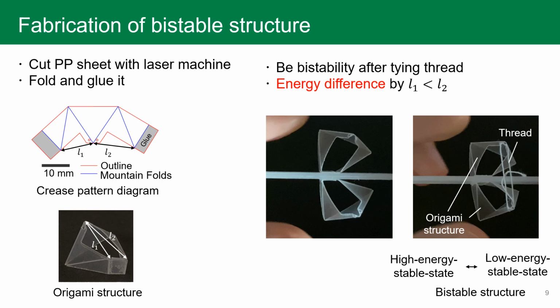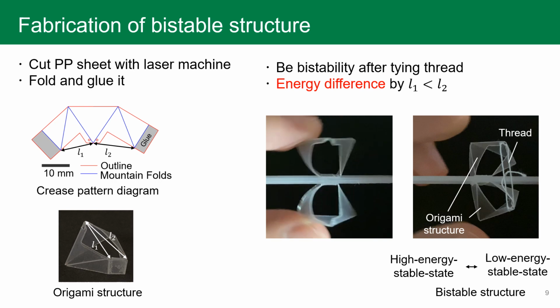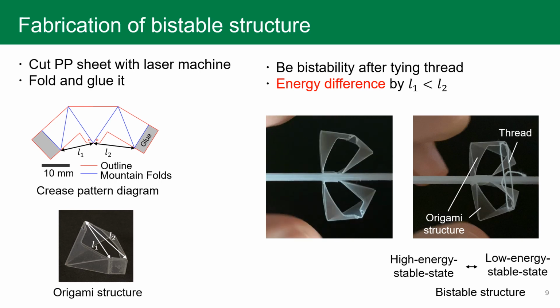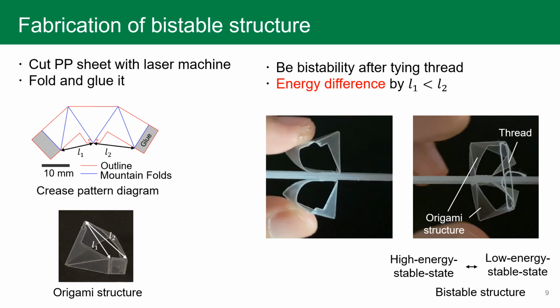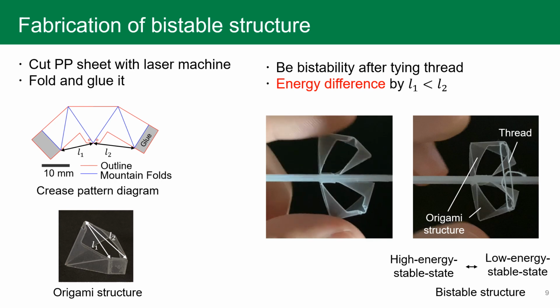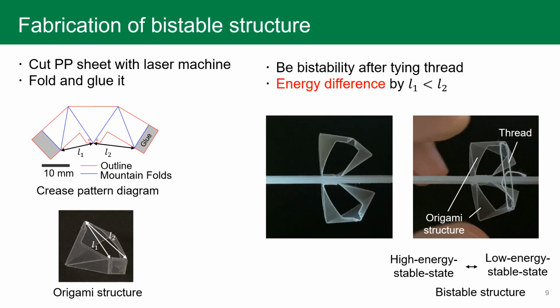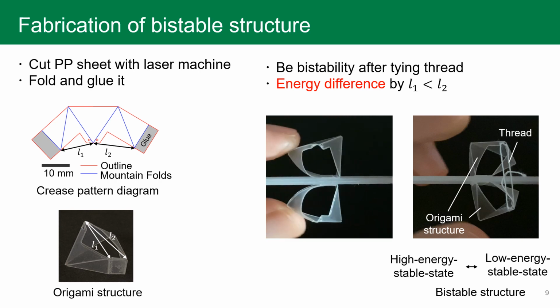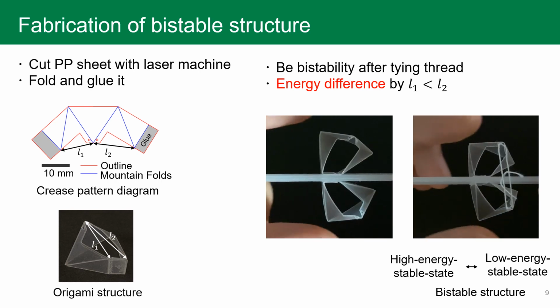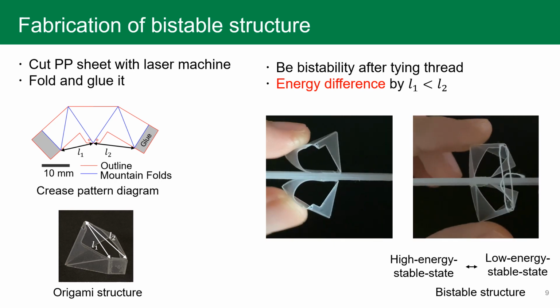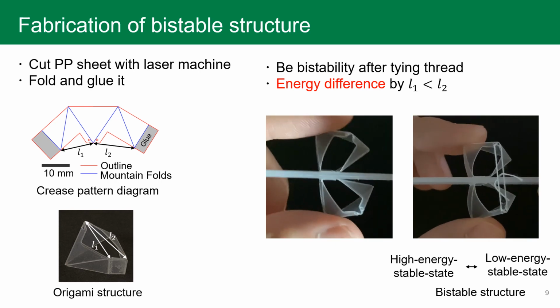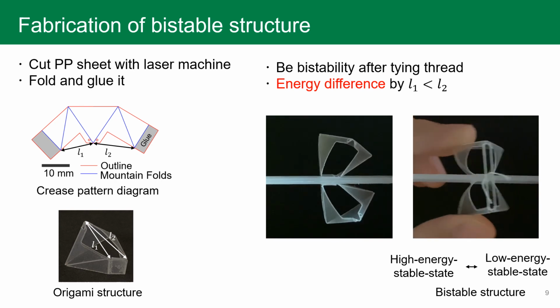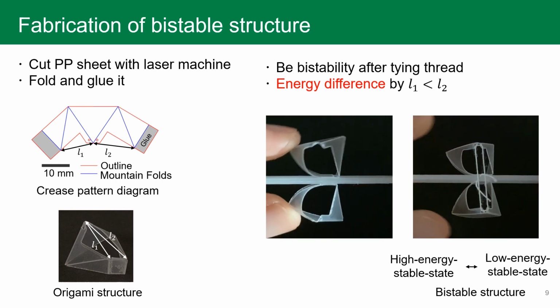The center movie is two origami structures attached to a beam. It was stable on the right side because of its asymmetry. When we added a thread, constrained the distance of the two origami structures, a bistable structure with a lower energy on the right side was complete.